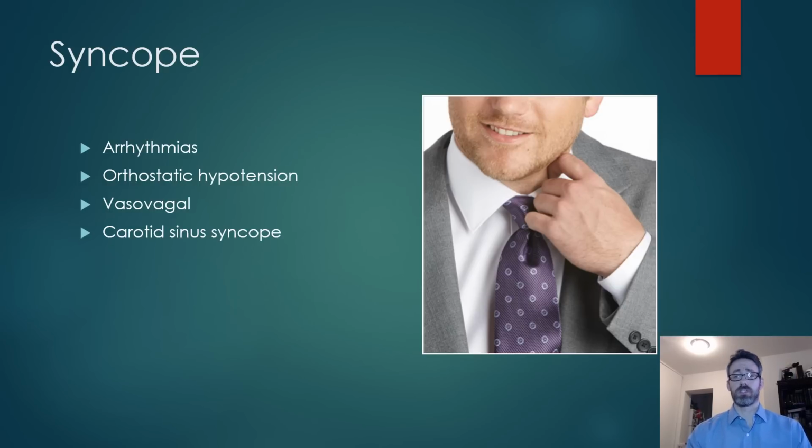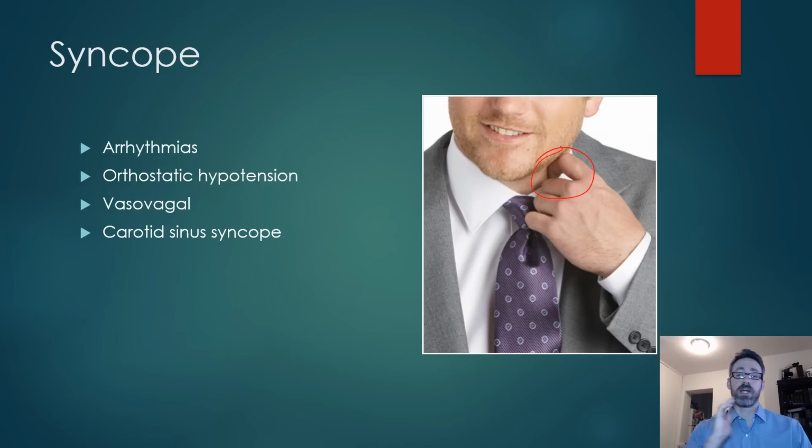More rare would be the carotid sinus syncope. So just if you guys recall, the carotid sinus is a baroreceptor that's located at the bifurcation of the carotids at the angle of the jaw. So you can kind of see in the picture here, our guy here, he's pulling on his collar. This is less common, but you might see this sometimes in the elderly. Some people, if they have very sensitive baroreceptors, in the young, you might see it. And what can happen is, just a little bit of pressure on the baroreceptor there.